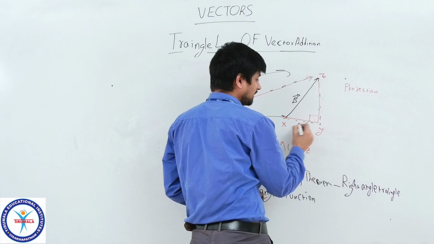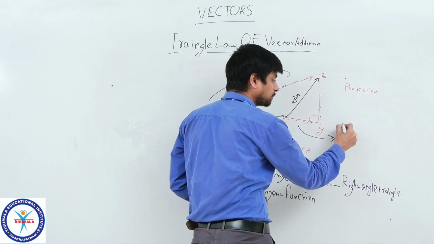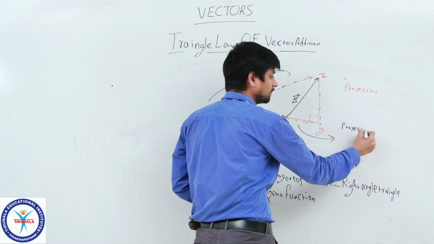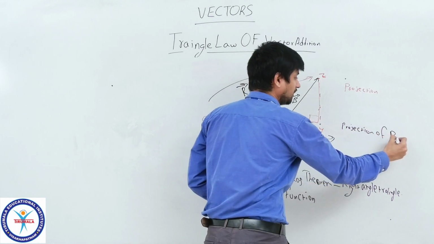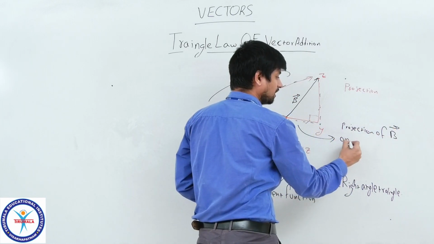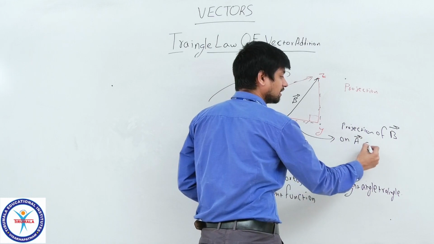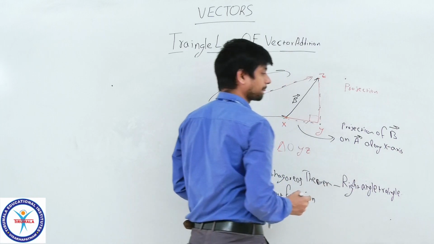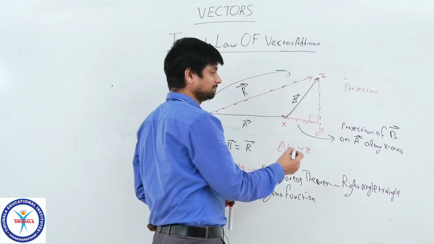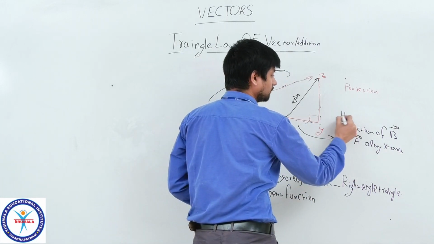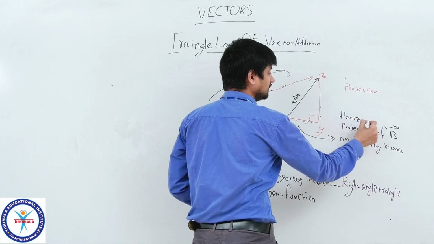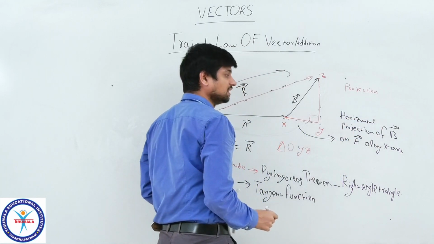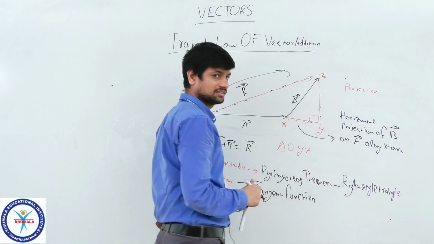So projection means, here this is the projection of vector B on A along the x axis, simply the horizontal projection. What does it call? The horizontal projection of B on A along the x axis.